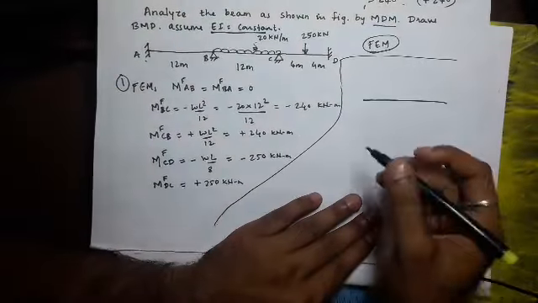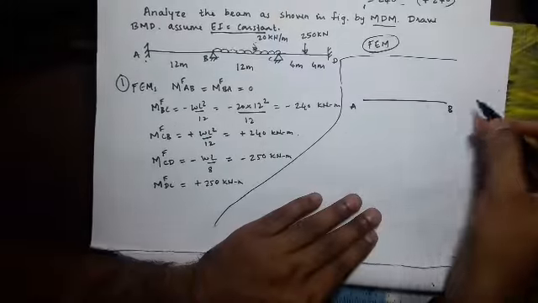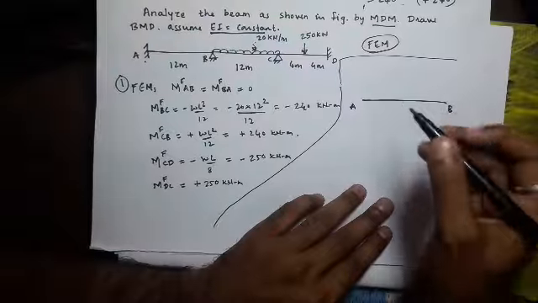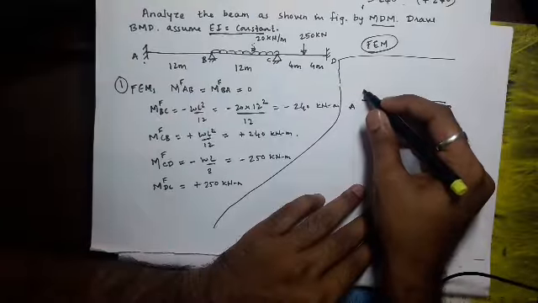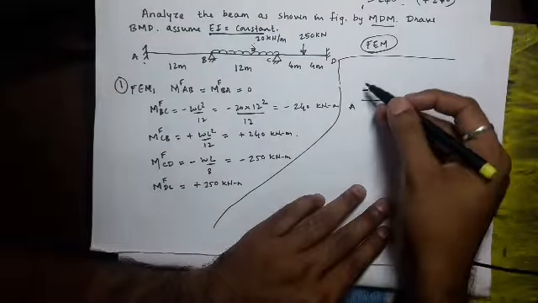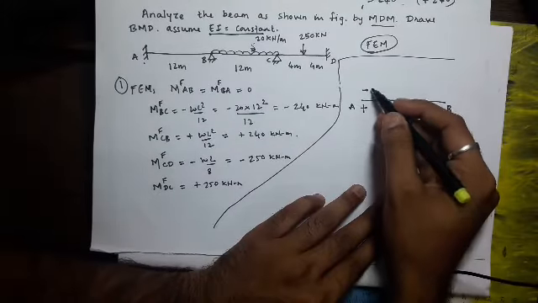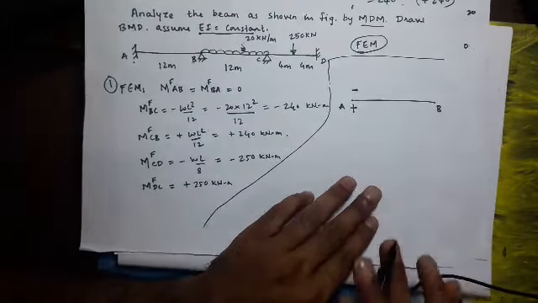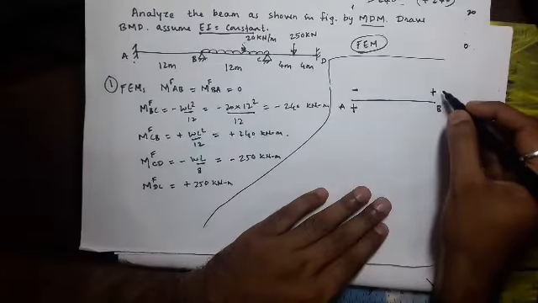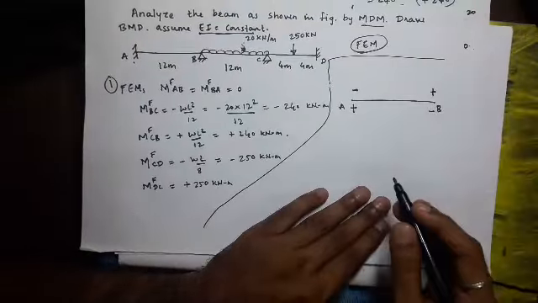Take a member AB, this is a datum. At A, negative moment will be above the datum, and positive moment will be below the datum. At right, positive moment will be above the datum and negative moment will be below the datum.